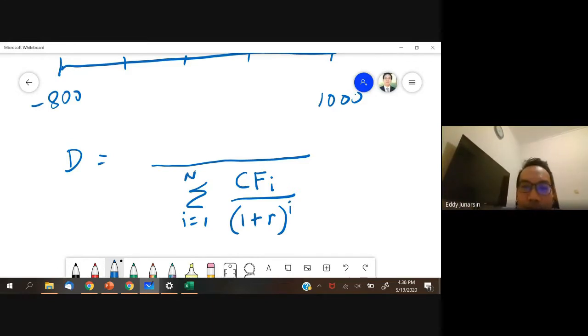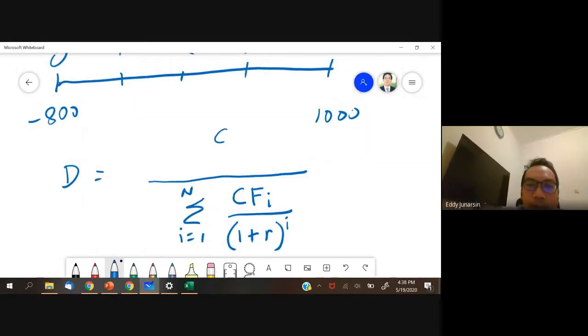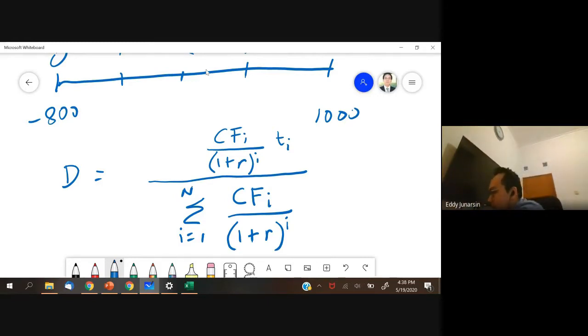And on the numerator, you have again future cash flows discounted back at the market rate, but before we sum them together, we multiply each cash flow, or each present value of the cash flow, by real time. Then we sum them together.